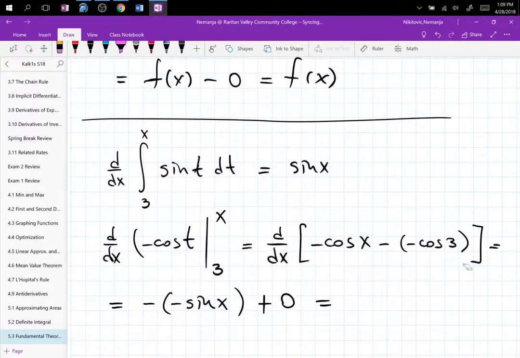I started with sine t and ended up at sine x. All this statement of the fundamental theorem of calculus is saying is that derivatives and integrals are opposites of each other. If you differentiate x squared, you get 2x. If you integrate 2x, you get x squared. Sure, there's the plus c and all of those subtleties that we talked about, but fundamentally they are opposites.